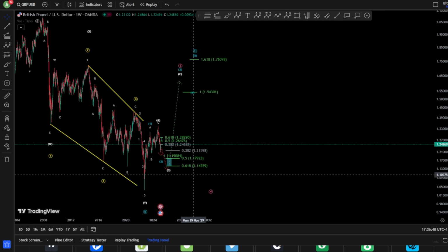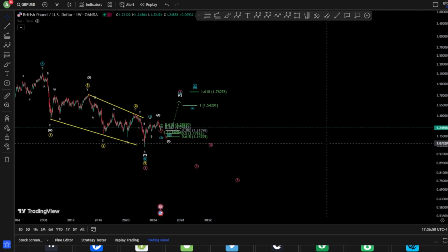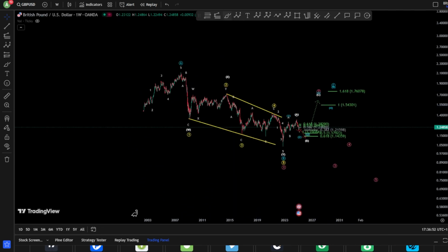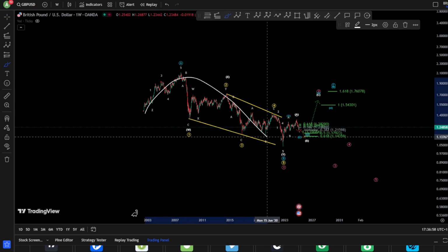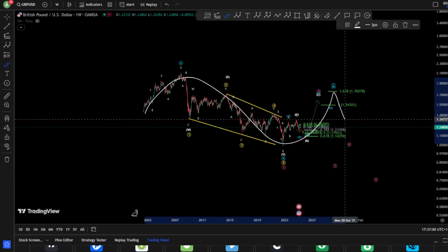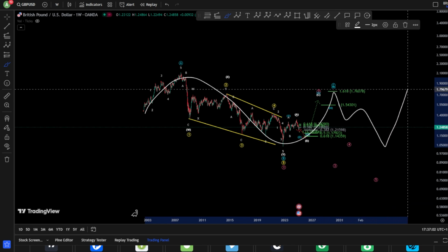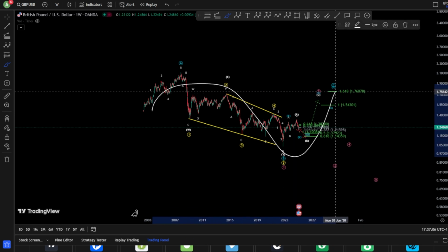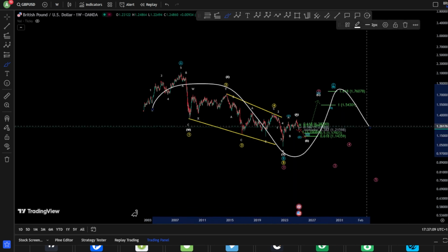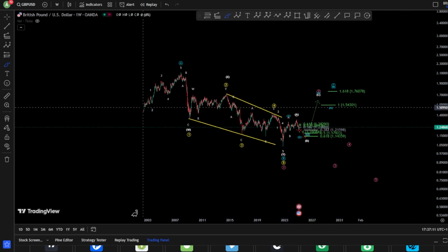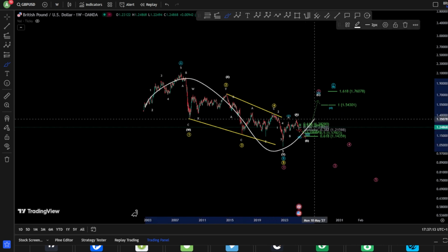Well, I don't see yet that the GBP can take this high again, which is the $2 per GBP. It's still a little far from the scenario. It might just turn into a running flat, probably three waves down, and then moving higher later. So three waves down, three waves up, and then higher prices later on. But we have to finish this ABC first.